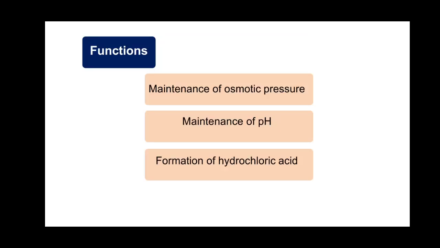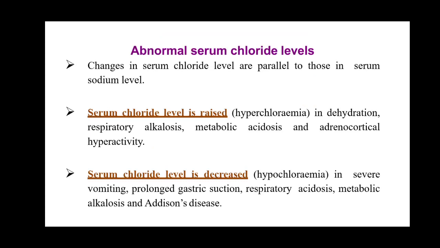And the functions of chloride will be in maintenance of osmotic pressure, maintenance of pH, and the formation of hydrochloric acid in the stomach. As for abnormal serum chloride levels, changes in the serum chloride level are parallel to those in serum sodium level.